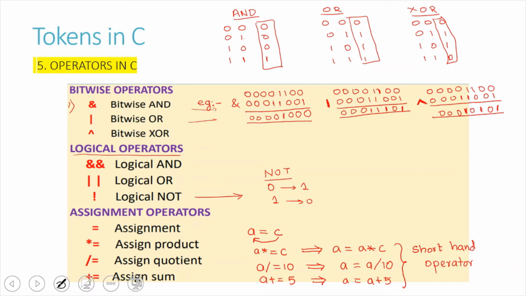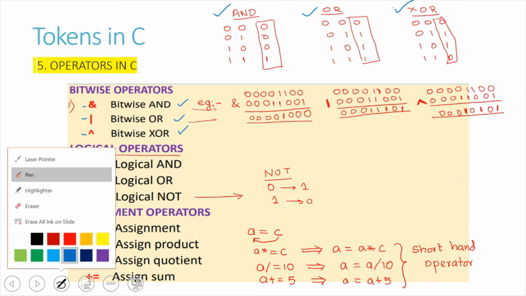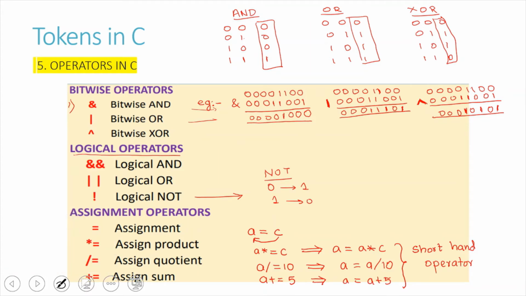The next set of operators is called bitwise operators. Here we have three operations: bitwise AND, OR and XOR. So these are the symbols. These are the truth tables of the AND, OR and XOR gates.